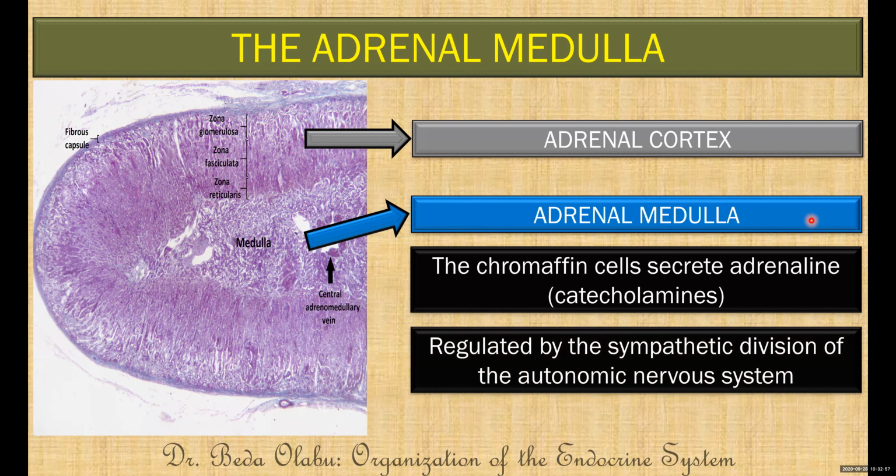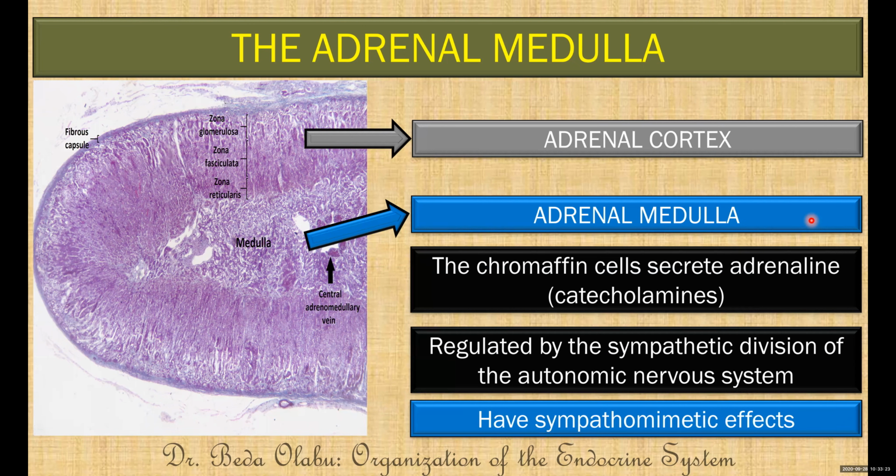Now, for adrenal medulla to secrete catecholamines, it will need some stimulation. The stimulus for production of adrenaline is sympathetic nervous system. So the sympathetic nervous system stimulates the adrenal medulla for it to produce adrenaline.